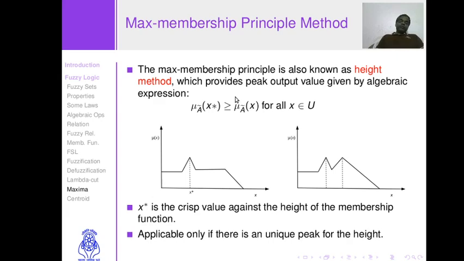So max membership principle is also known as height method. It converts a fuzzy set or a fuzzy membership to a crisp value, that is, it produces a single valued output, according to the peak of the membership function.